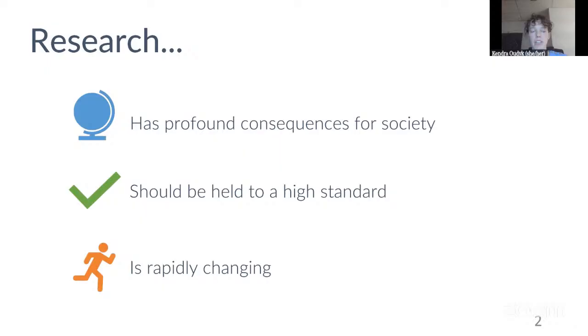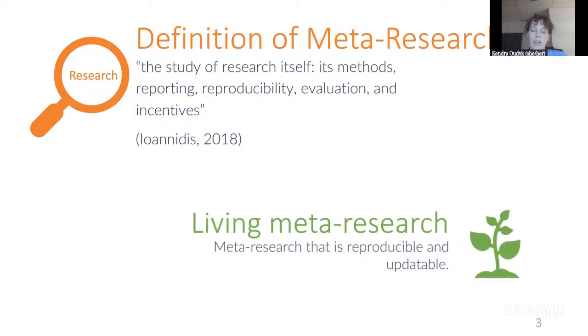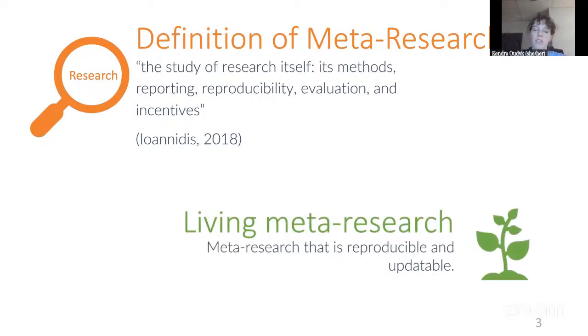And it's rapidly changing, so I argue that meta-research needs to be able to keep up with changes in the literature. So meta-research is the study of research itself, its methods, reporting, reproducibility, evaluation, and incentives. And we propose living meta-research as meta-research that is reproducible and updatable.